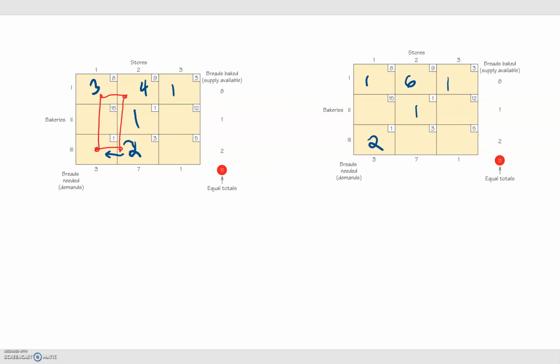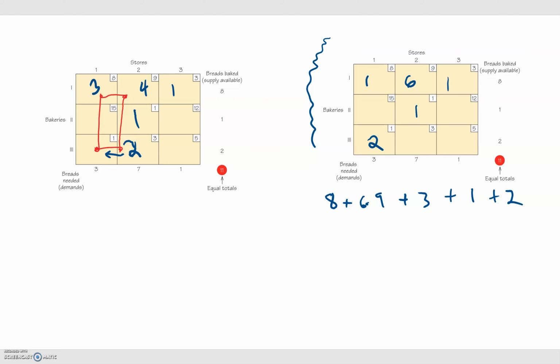And now what's the cost of our feasible solution now? So it's going to be 8 plus 6 times 9 plus 3 plus 1 plus 2. So that's 8 plus 54 plus 3 plus 1 plus 2.